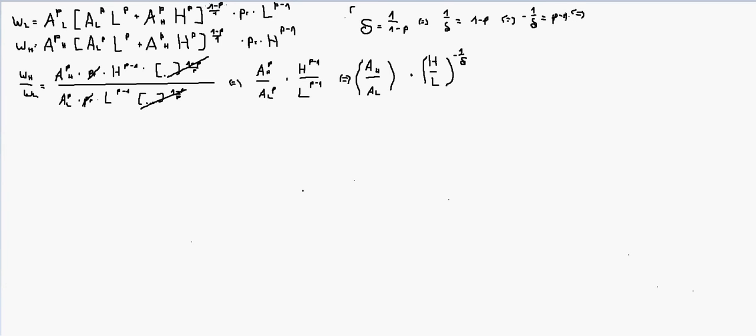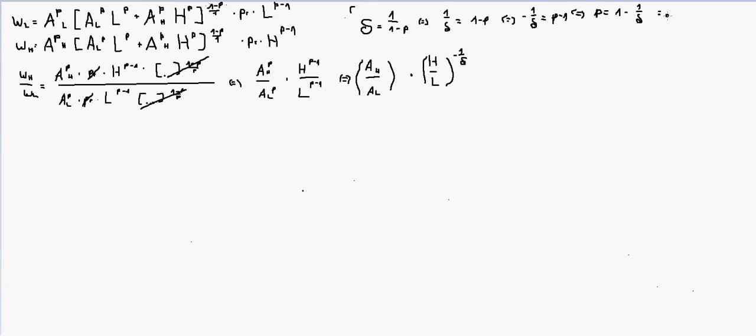It's just this one to the other side. So p equals 1 minus 1 divided by sigma.